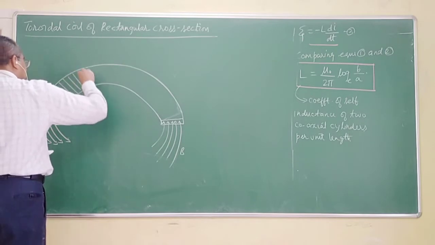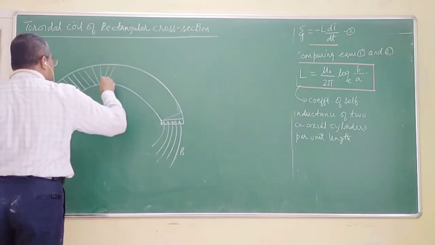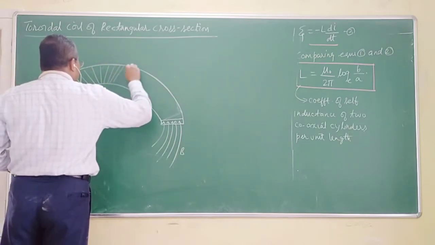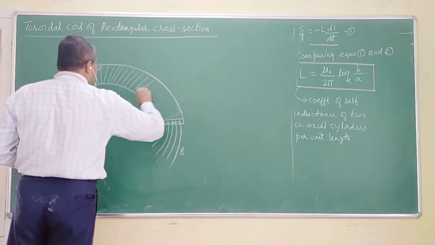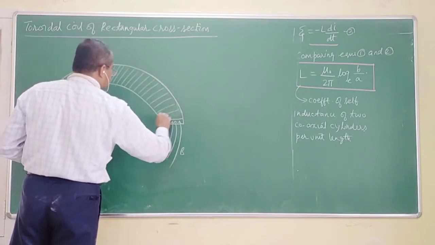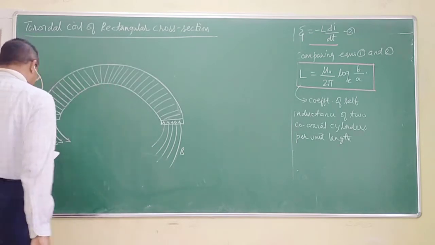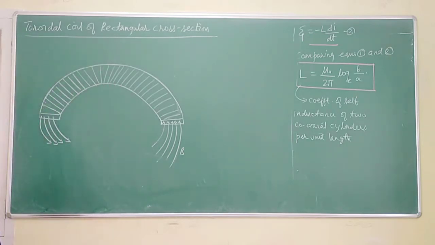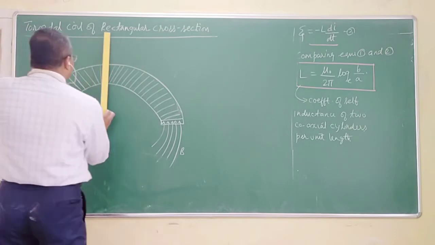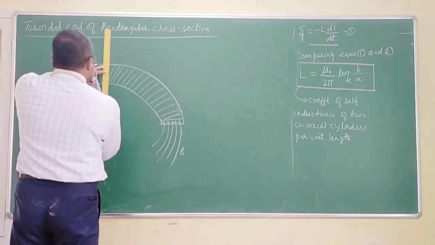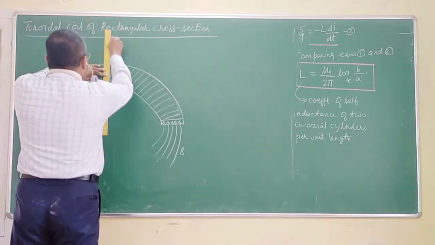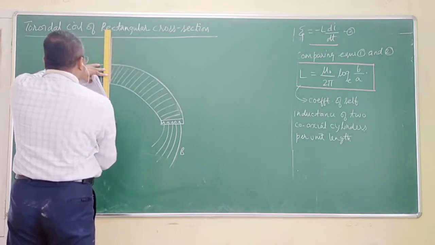These are the turns of the toroid. Okay? Turns of the toroid. Now let us draw a few things here.